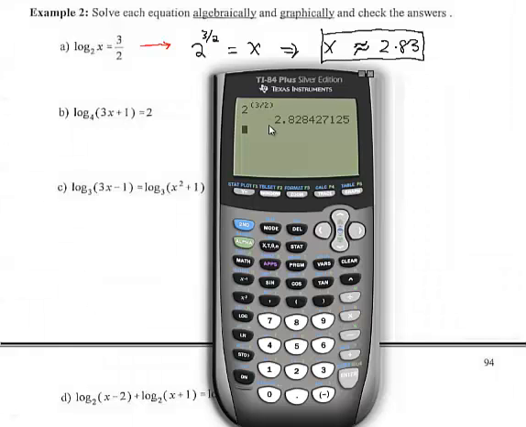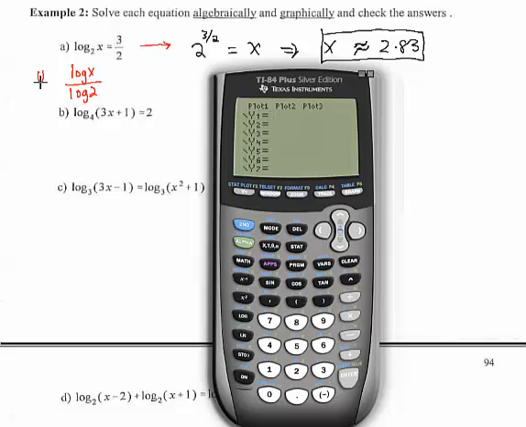If you wanted to graph this and you didn't have a log base function on your calculator to put in a log with a base of 2, then you would need to enter on line 1 log of x divided by log of 2.